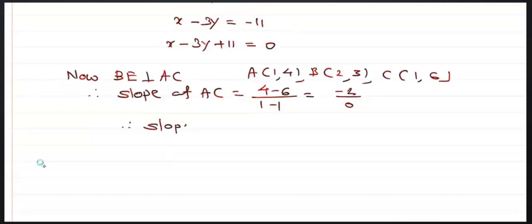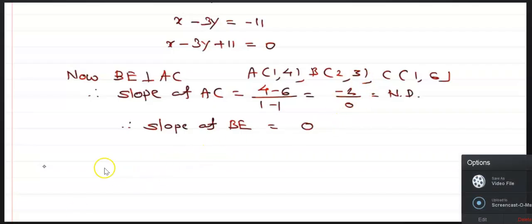That is minus 2 upon 0. Therefore slope of BE is 0. We take the reciprocal; if you ask how this slope 0 came, the reciprocal of the slope of AC, that is of 0 upon minus 2 upon 0, is 0 upon minus 2.